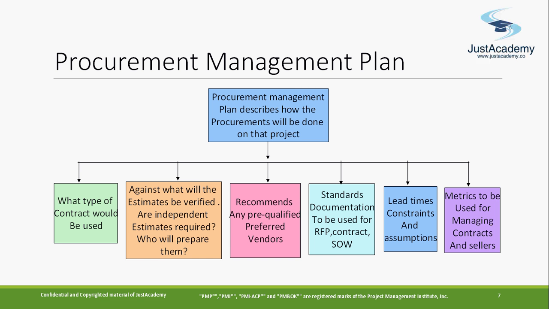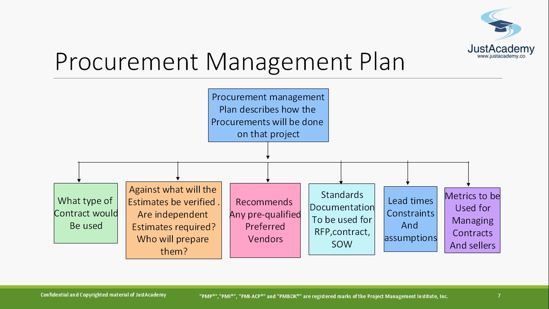If the seller has given estimates, how are you going to verify that this is the actual price? Maybe you can take a third party opinion or do market research and see from a different vendor what the cost of the same product is. Are independent estimates required? If any, do you need an independent person, or can they estimate it?